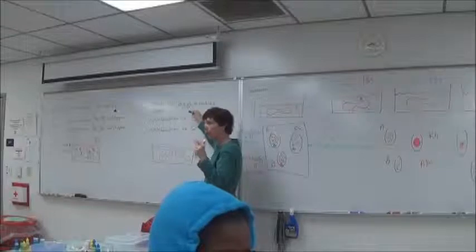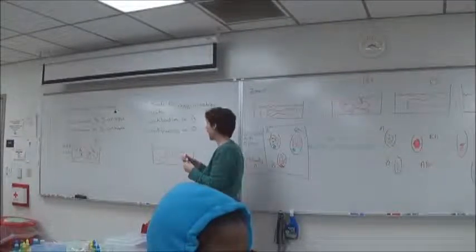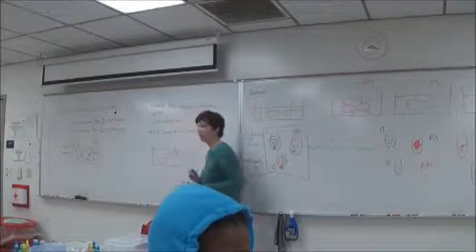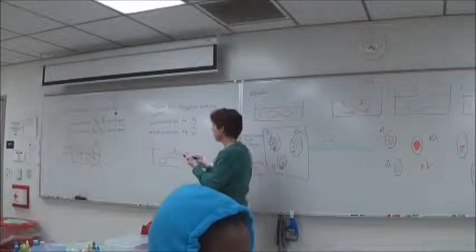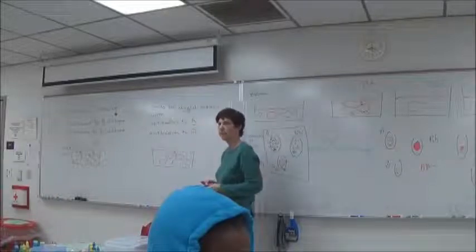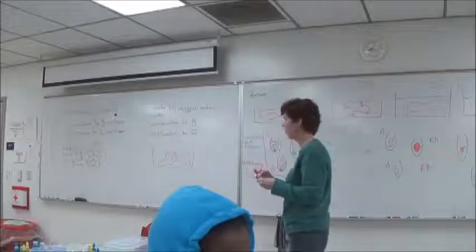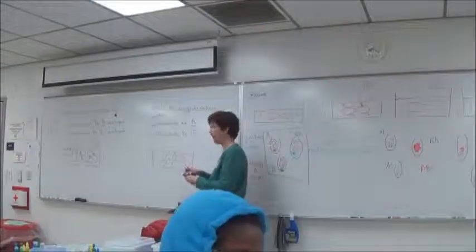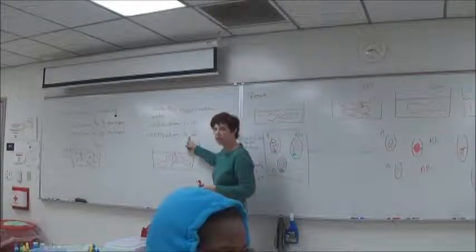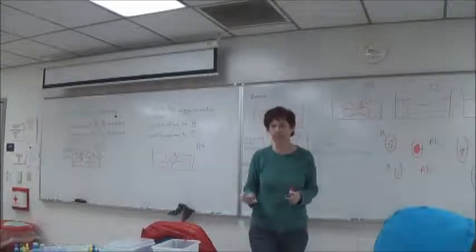We showed the little clumping on the fibers with antibodies to A. So when I added the A antibodies, I got agglutination. Okay? When I added D antibodies, I got agglutination. So what does that tell me about the blood type? I have antigen A, and I have antigen D, so my blood type is A positive.